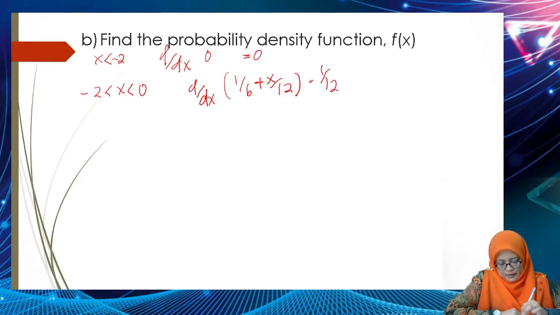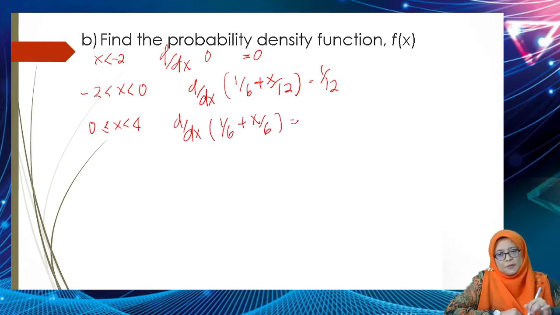Okay, so then third interval from 0 until 4. So ini tak kisahlah yang nak letak equal dekat mana pun, tak kisah dia sama, tak nak letak pun tak apa. Okay, so kita akan differentiate function dia 1/6 plus x over 6. Okay, so 1/6 constant, differentiate dapat 0. X over 6 differentiate, dia akan dapat 1/6.